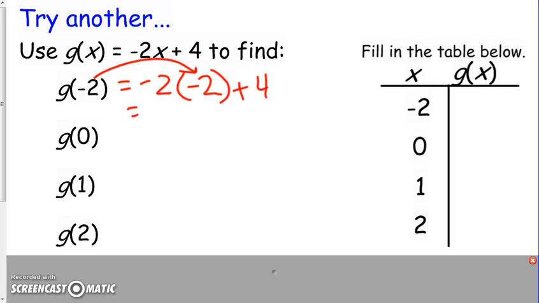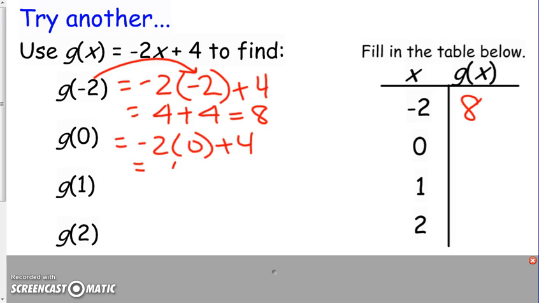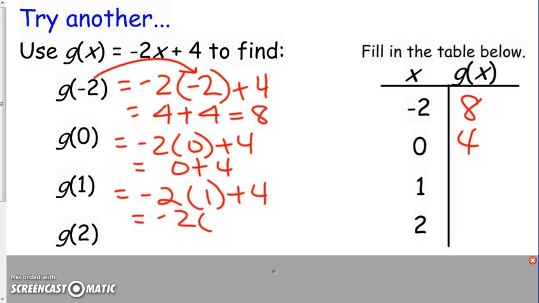So negative 2 times negative 2 is 4, plus 4 equals 8. Do it again, negative 2 times 0 plus 4, so that equals 0 plus 4, so that equals 4. Negative 2 times 1 plus 4 is negative 2 plus 4, so that equals 2.